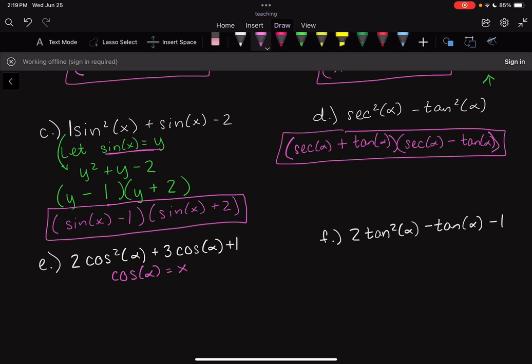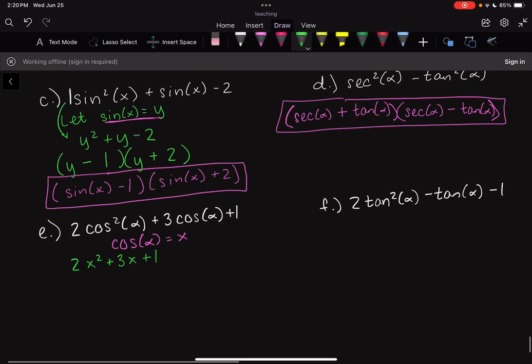So then I'll have 2x squared plus 3x plus 1, just to make it a little less intense. Now, there's only two numbers that can multiply together to get the number 2. It's 2 and 1. So one of these will have to be a 2x, and one of these will have to be x.